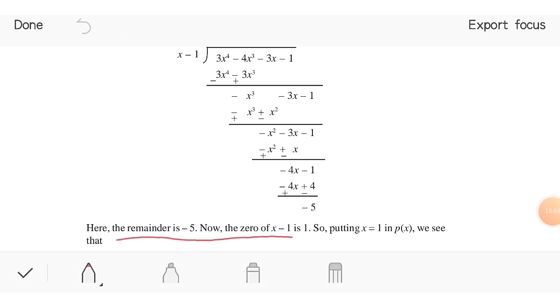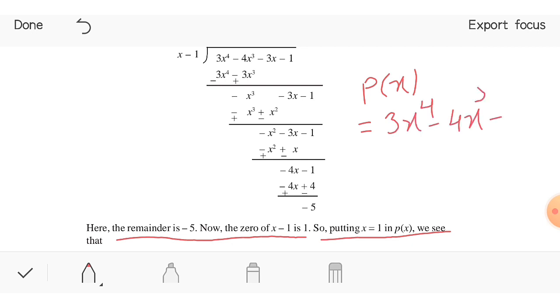Now the 0 of x minus 1 is 1. So putting x equal to 1 in p of x, let us take p of x as 3x power 4 minus 4x cube minus 3x minus 1.